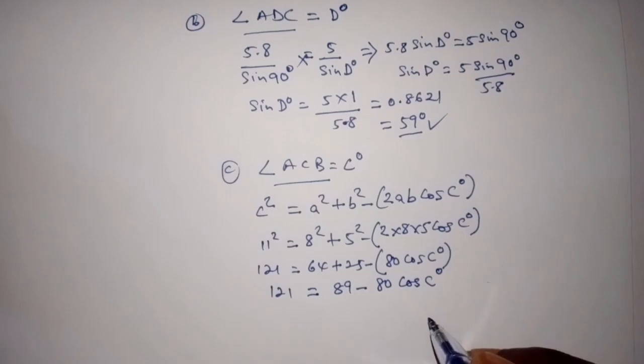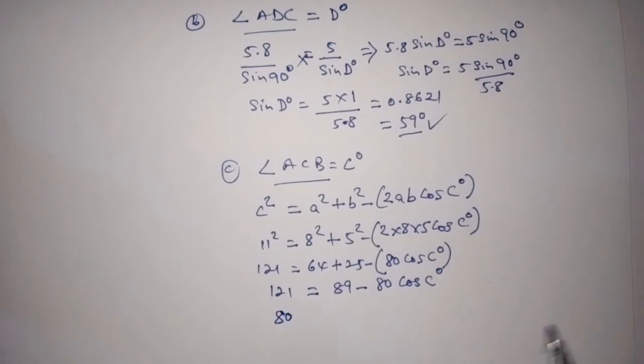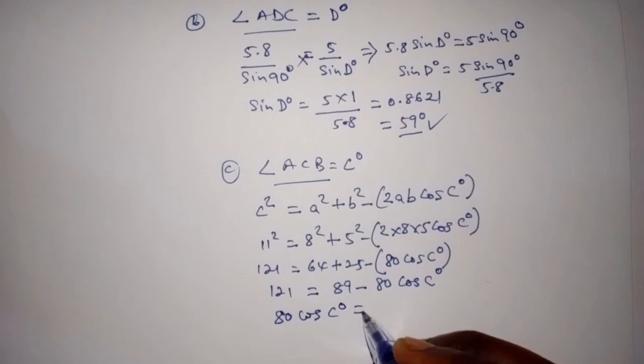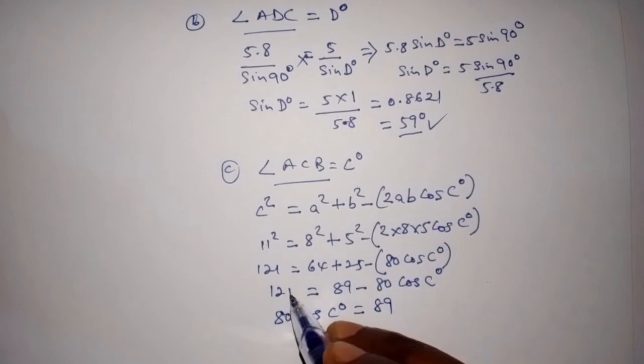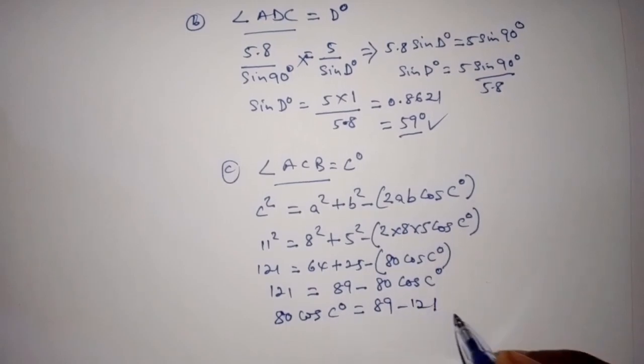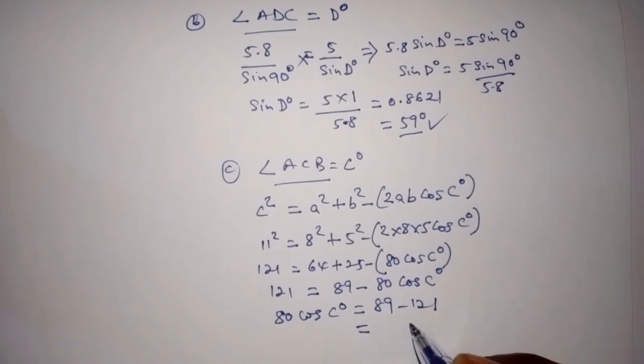So now we can bring negative 80 cos C degrees to the other side. It becomes positive 80 cos C degrees is equal to 89. We can bring 121 to the other side. It becomes negative 121. Then we can subtract. 89 minus 121 is giving us negative 32.